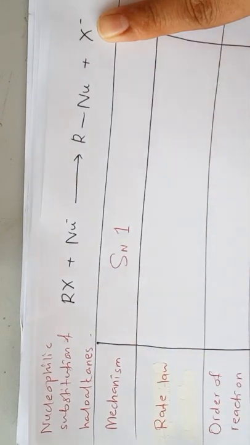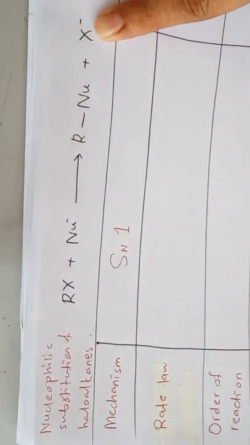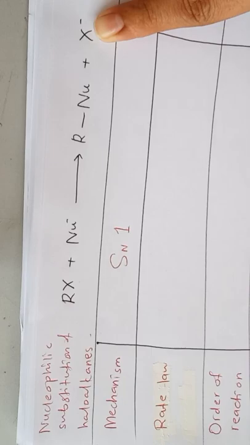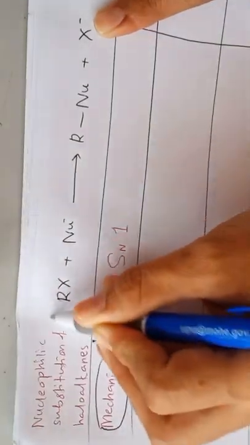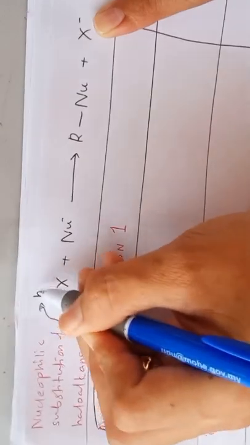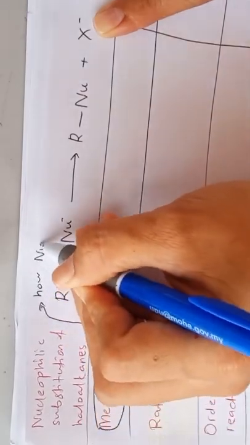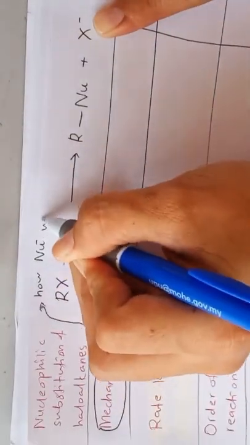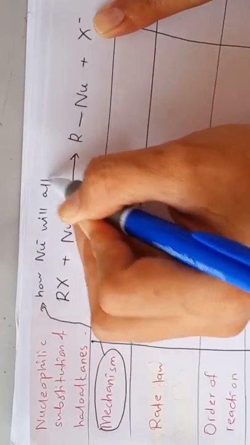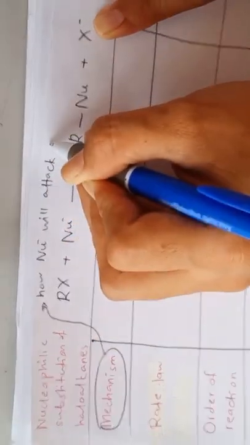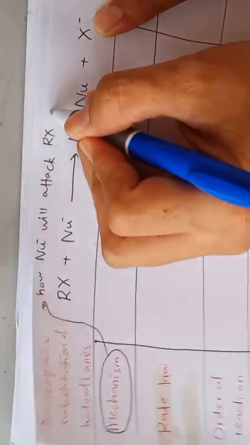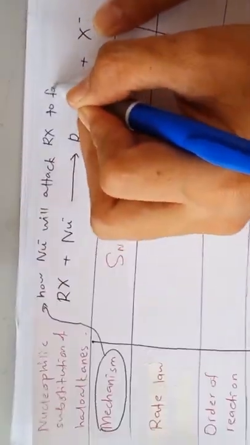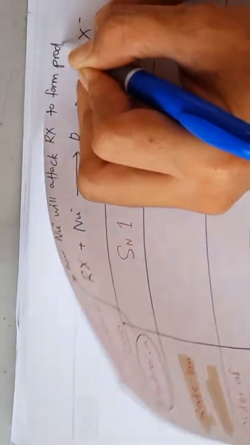haloalkane to form product. So basically, write down here, mechanism is how the nucleophile will attack the RX, where RX is our haloalkane, to form product.